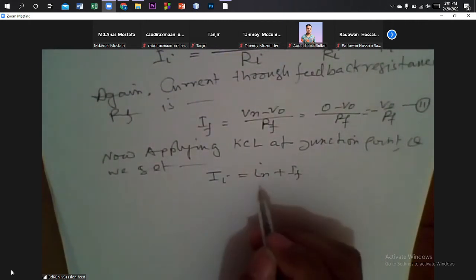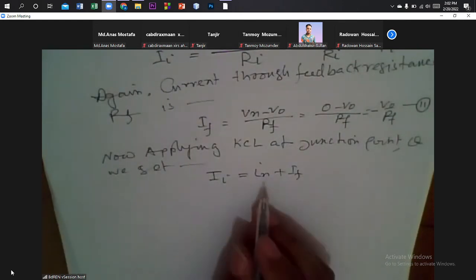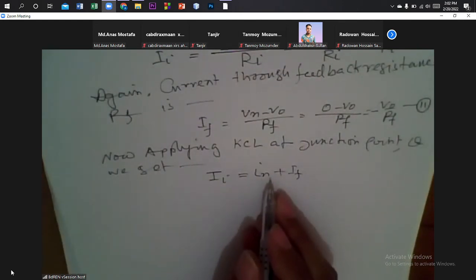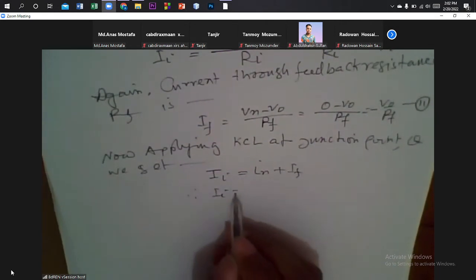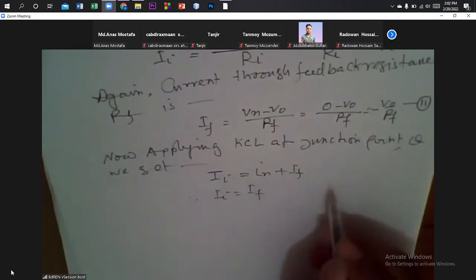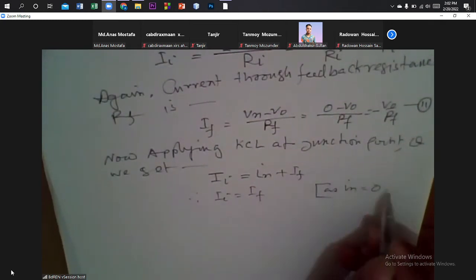And what is the value of IN? See in the previous page. The value of IN is 0. So I is equal to IF, as IN is equal to 0.